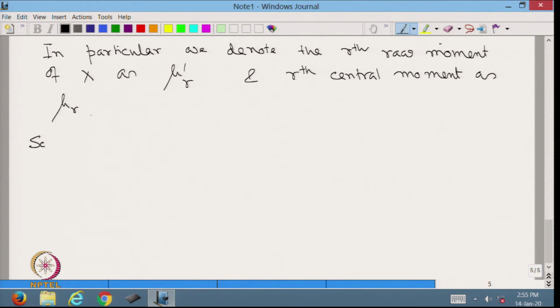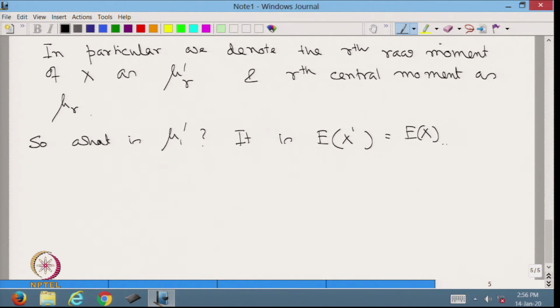So, what is mu 1 prime? It is expected value of x to the power 1, which is equal to expected value of x.